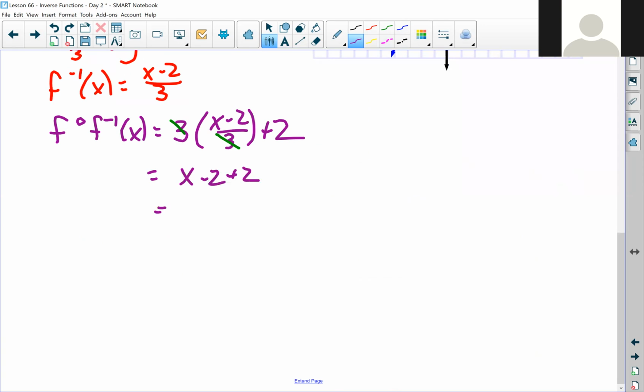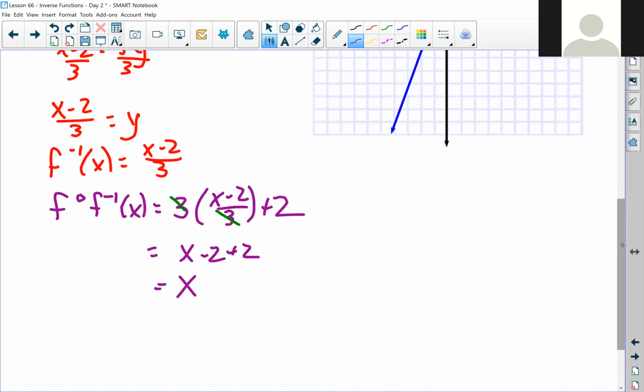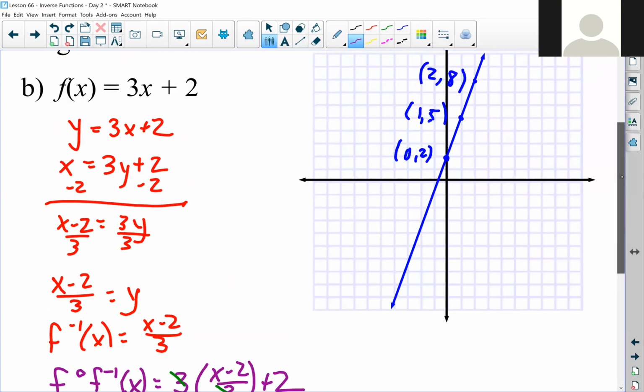And the -2 and the +2 cancel. Leaves me with x. So that verifies my function and its inverse. Again, they call that the fundamental property of inverses. So that's just taking the composition of the function and its inverse.